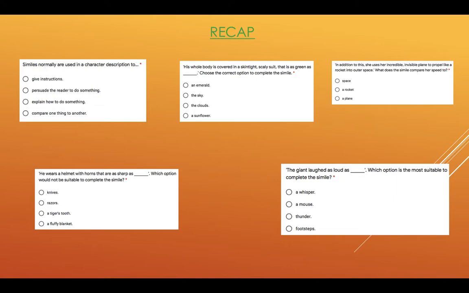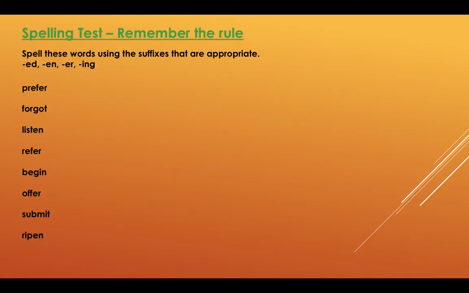After doing yesterday's lesson, similes should be very straightforward, because this was just a recap on similes. So very well done if you got 5 out of 5, or 4 out of 5. 3 out of 5, you've got a bit of work to do. Similes are not that difficult to understand. So let's move on to your spelling test.